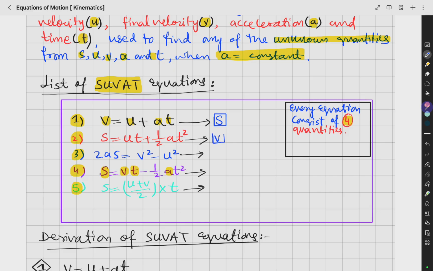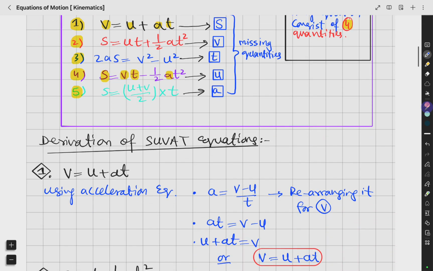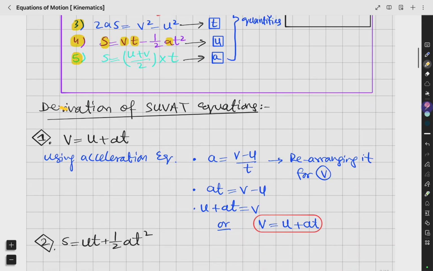In equation 2, v, the final velocity, is missing. In equation 3, time is missing. In equation 4, initial velocity is missing. And in equation 5, acceleration is missing. These are called missing quantities, and they are very important because they will help you decide which equation to use in a particular question.